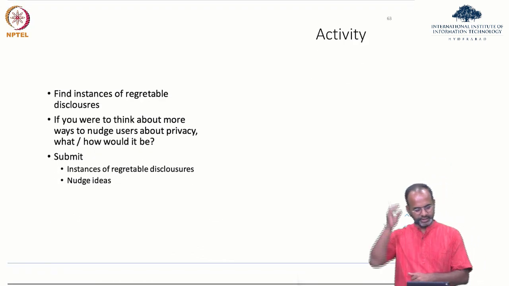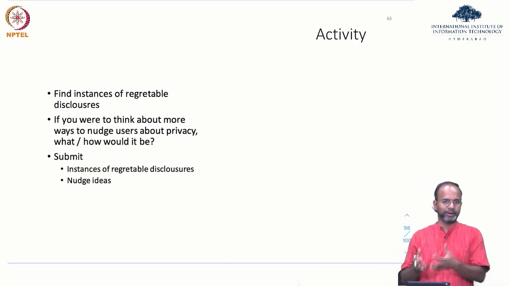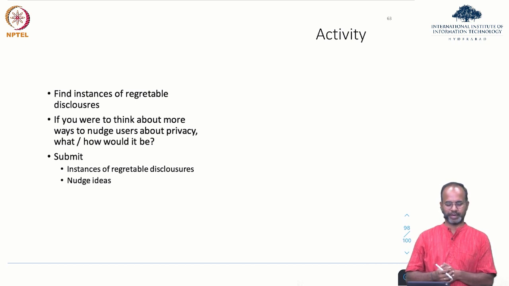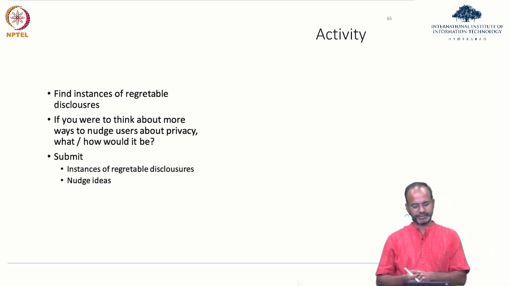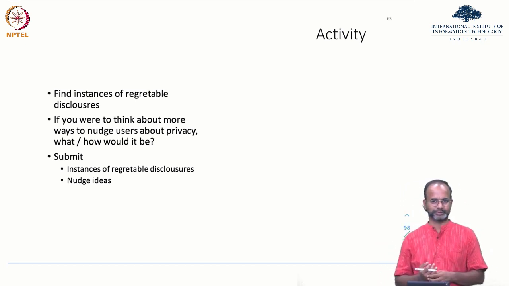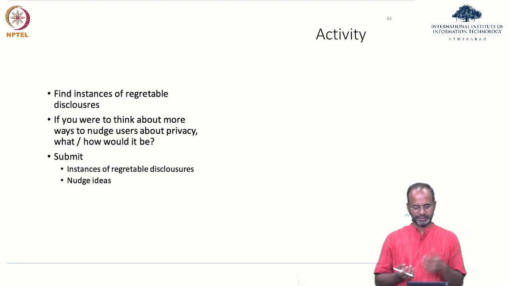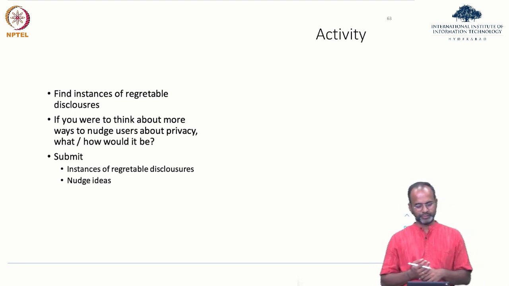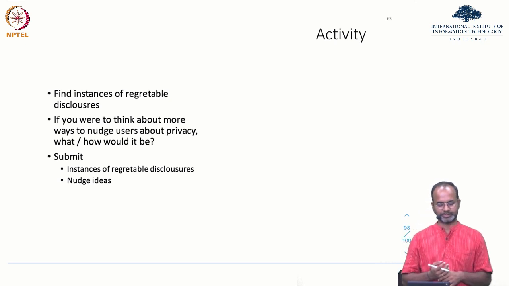Activity for this week. I think even for the first part I gave you an activity. This part is to find instances of regrettable disclosures. Think about it. Look for regrets that have happened, that are publicly available, news articles, posts, all that. If you had to think about more ways to nudge users about privacy, what and how would it be?